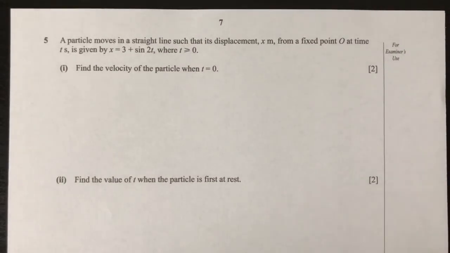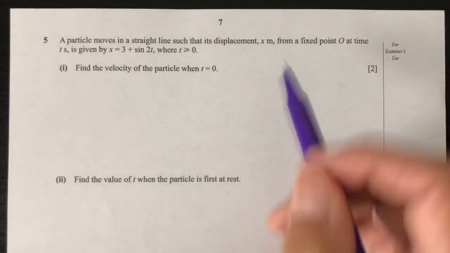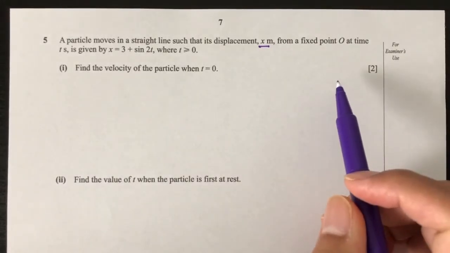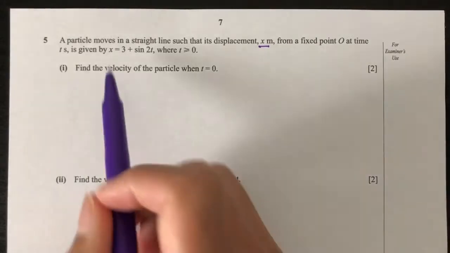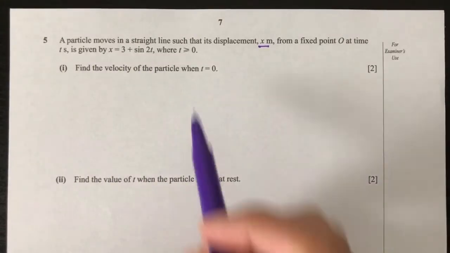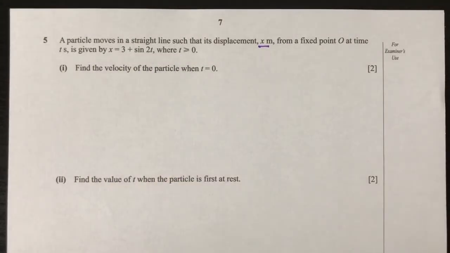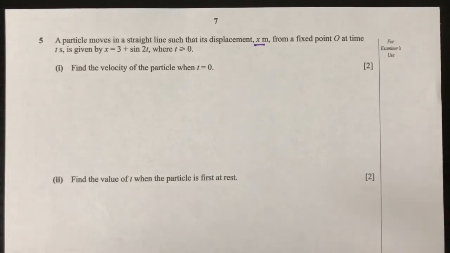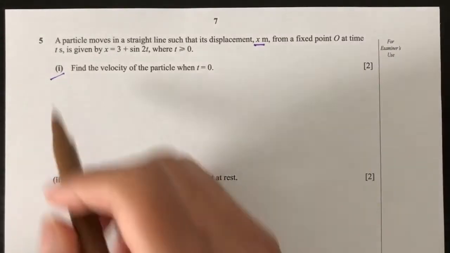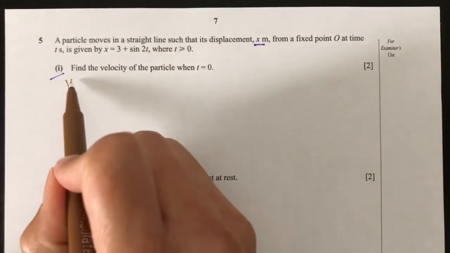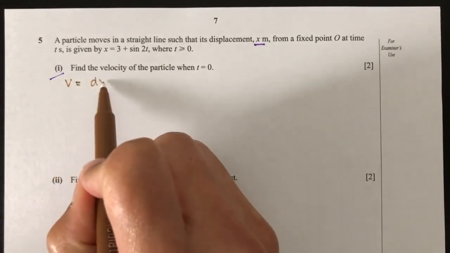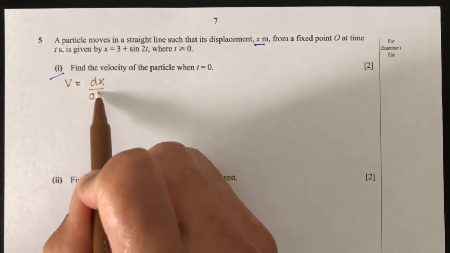A particle moves in a straight line such that its displacement x from a point O at time t is given to you by this, for t more than or equal to 0. Now, part 1, find the velocity at time t equal to 0. Something you need to know here is how do you find v from x? v is equal to dx by dt.